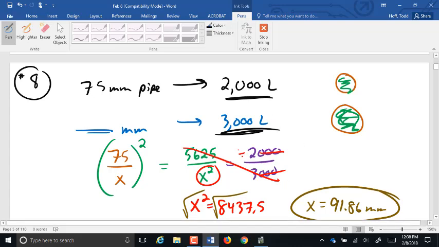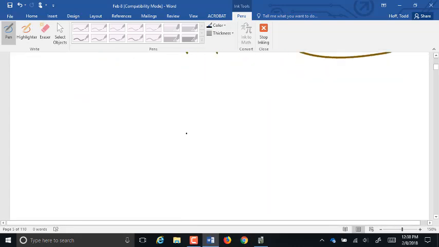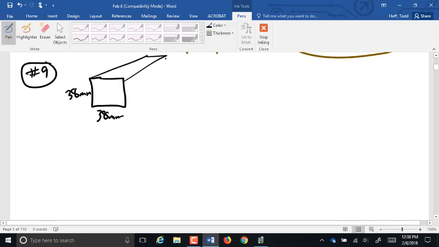With number 9, a steel bar. This steel bar is 38 millimeters on a side. So 38 millimeters, 38 millimeters. And it's some stock length.